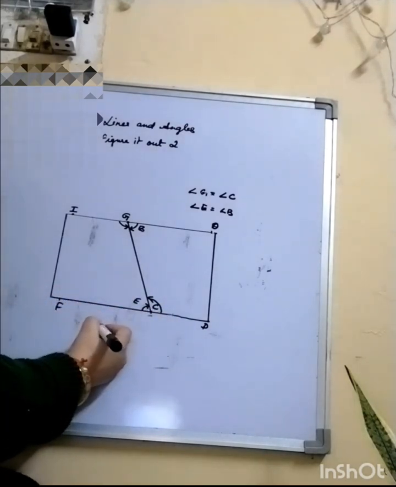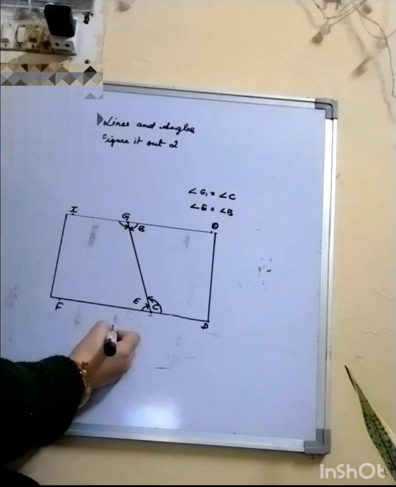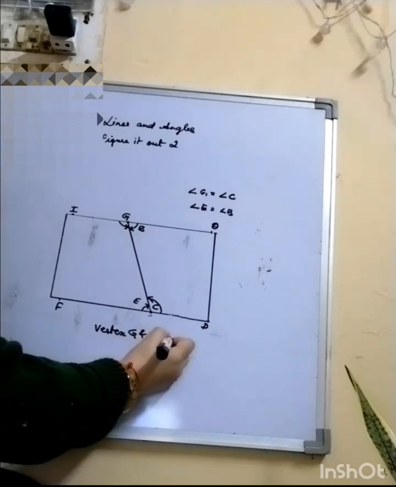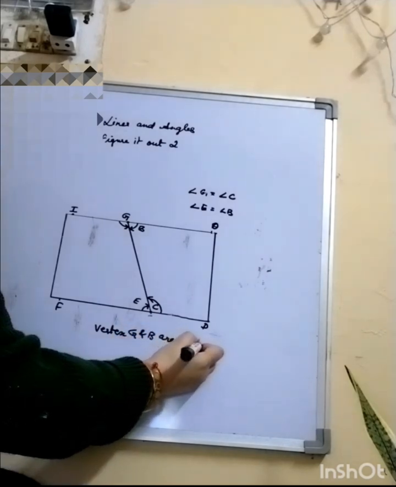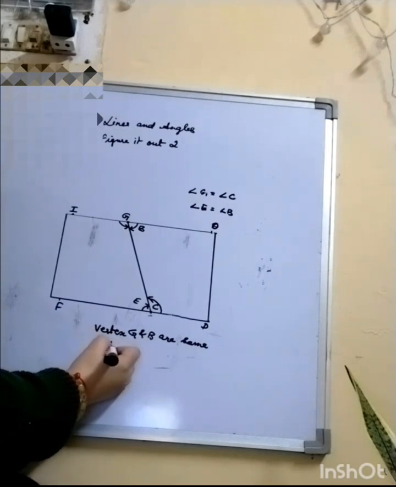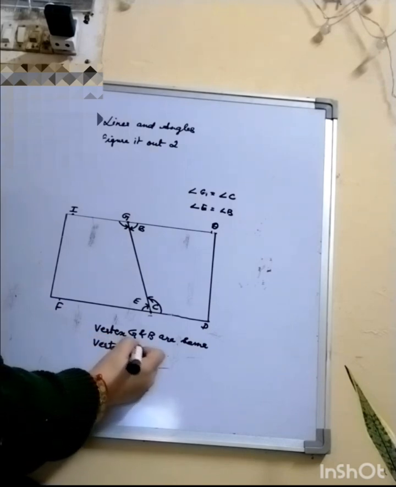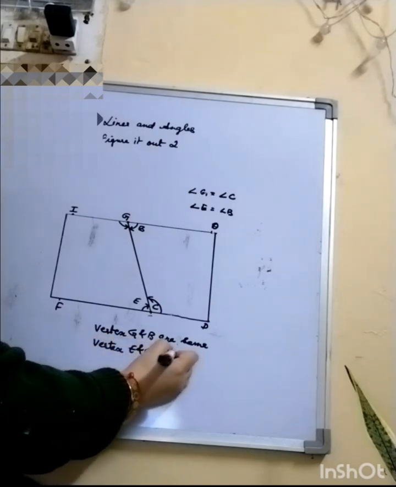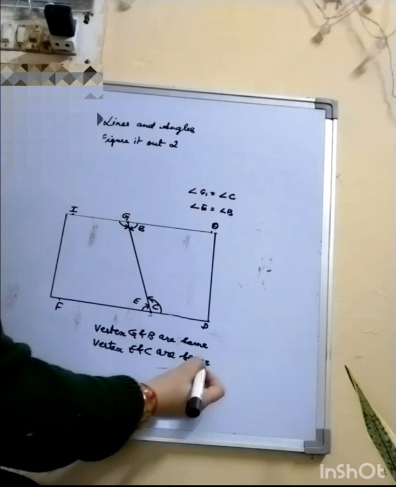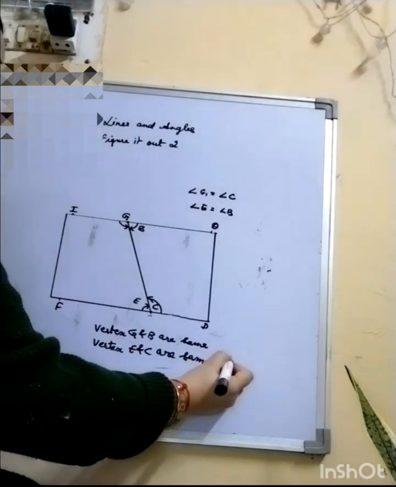So I can say that vertex G and B are the same, and vertex E and C are the same. They are the same point.